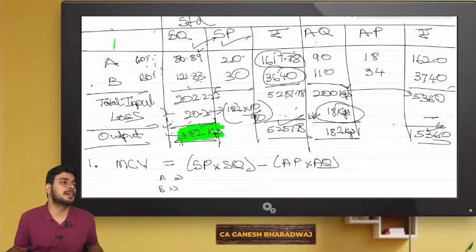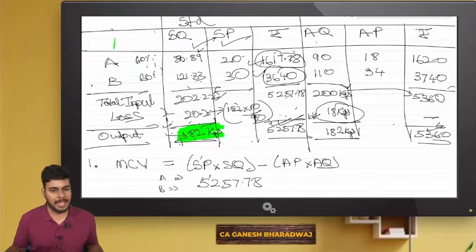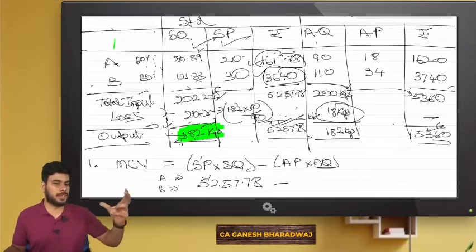We've already added it, no? We're just adding it, that's all. So you have these two separately, and it's already added here. So we can directly put it here: 5257.78. That's the total standard cost for A and B put together.